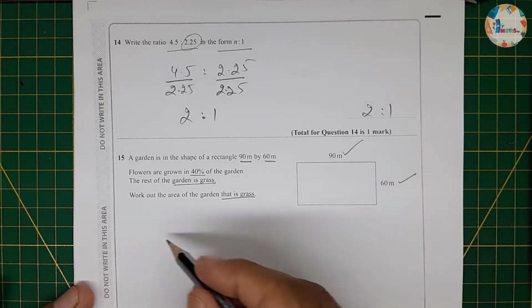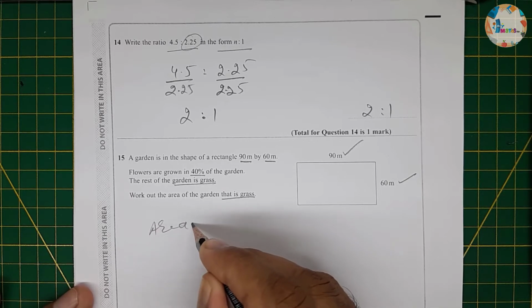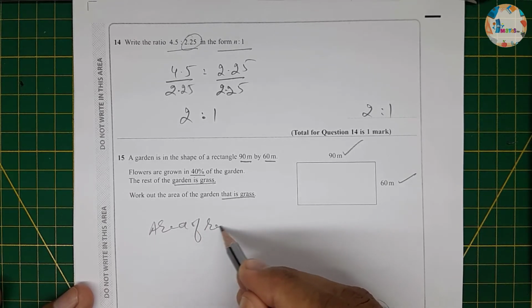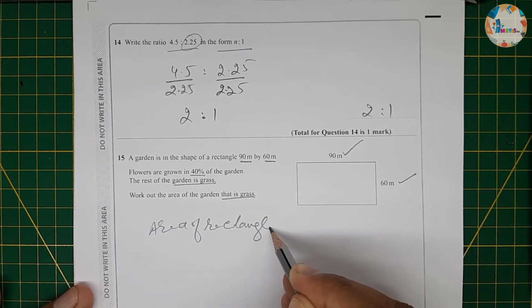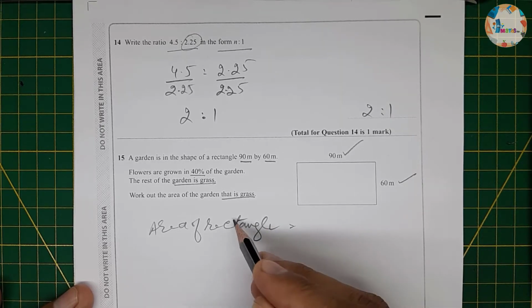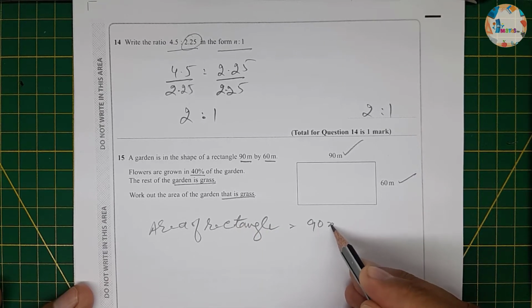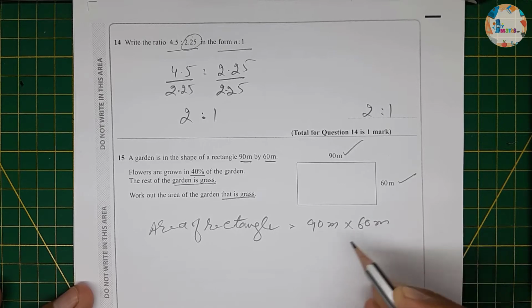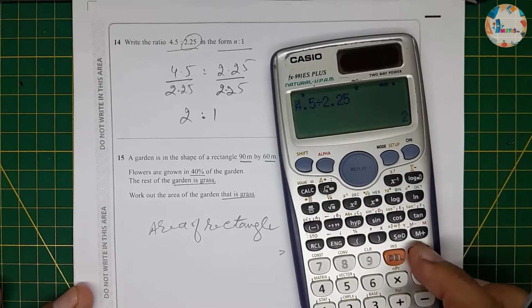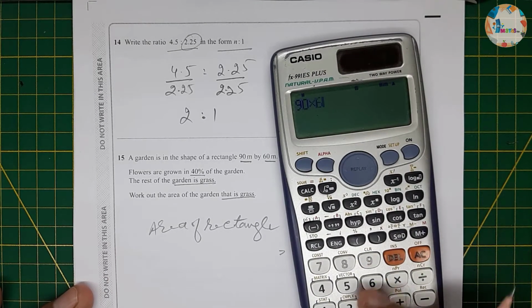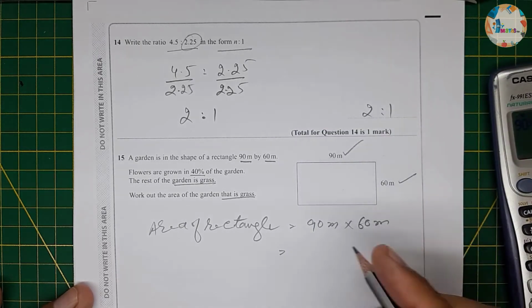So the complete area will be the area of a rectangle, equal to 90 meters multiplied by 60 meters. 90 multiplied by 60 results in 5400.